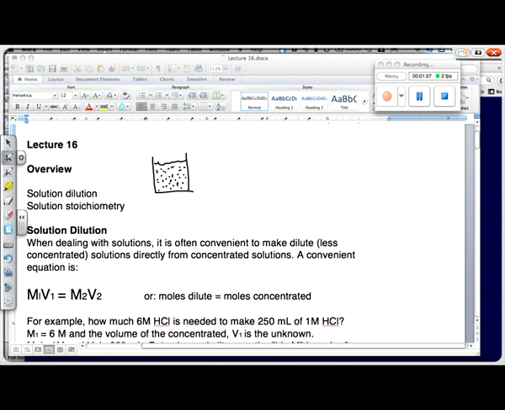Let's say that this one is 1 molar, and I want to make up a 0.1 molar. Well, what I'm conceptually doing is taking a portion of this solution and transferring it into some water, so that now I have just a few particles.